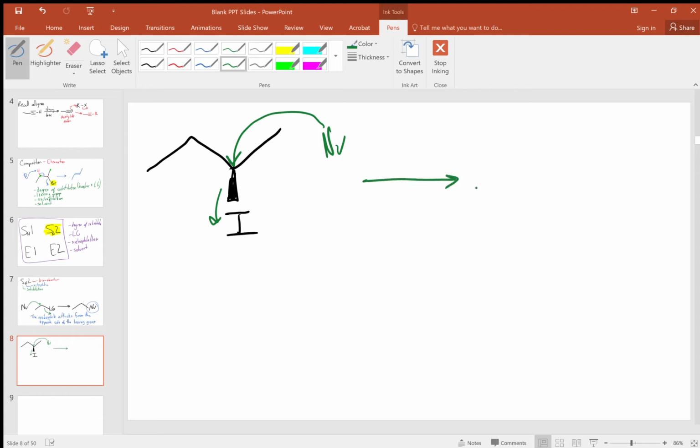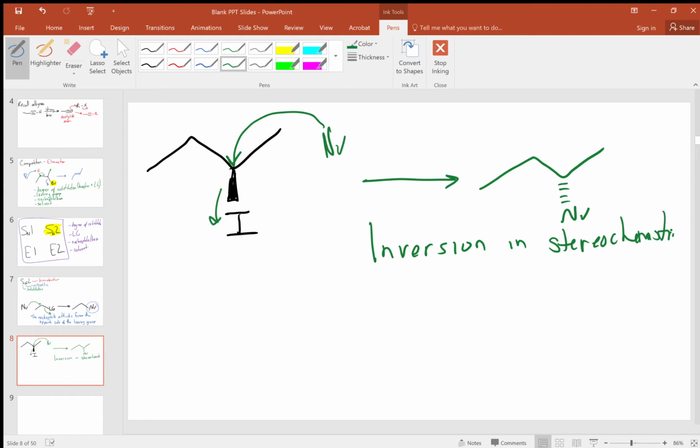What does that do to the stereochemistry? It results in an inversion in stereochemistry. So again, the nucleophile will attack from the opposite side, it kicks out the leaving group, and not only do we get a substitution, but we get a reversal in stereochemistry.